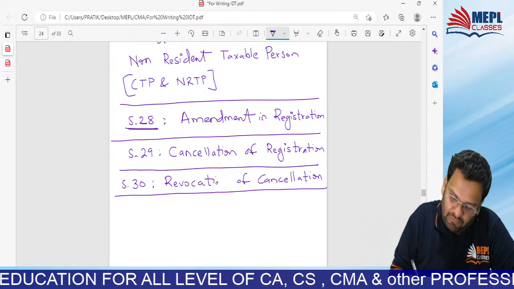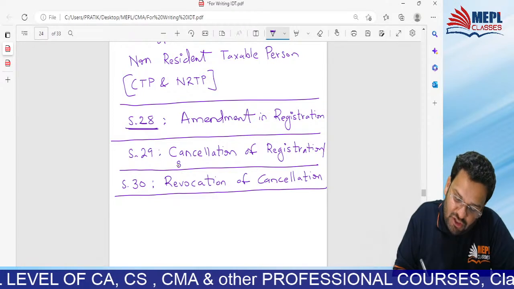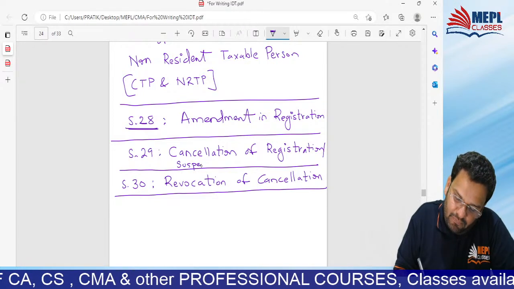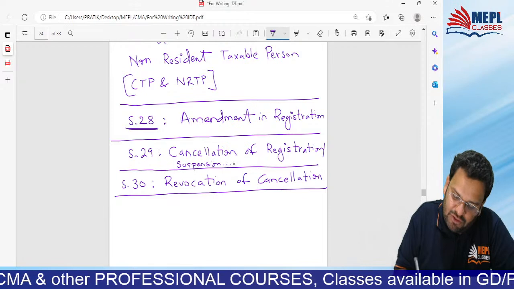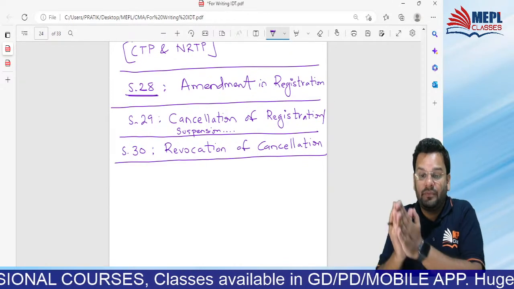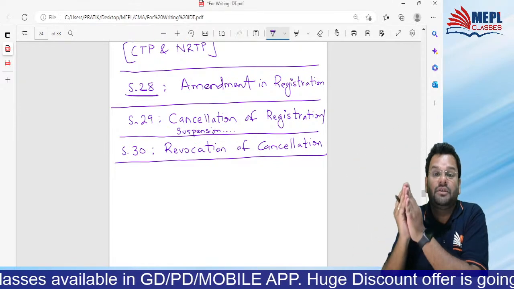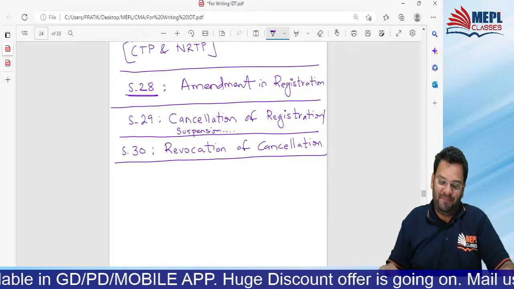By the way, in 29 we'll also talk about suspension of registration. So this is how your sections 22 to 30 deal with provisions of registration.